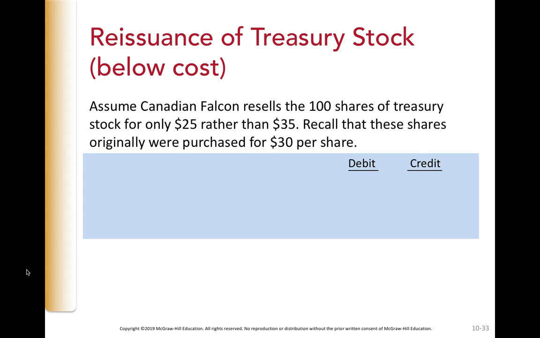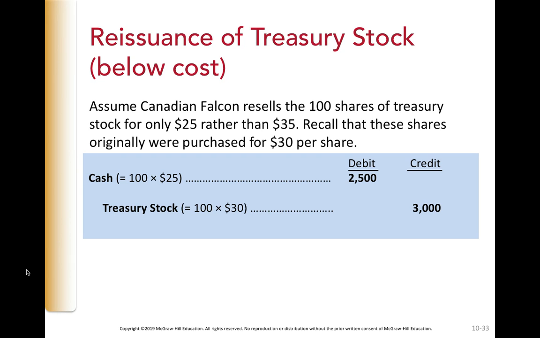Now, what if we reissue our treasury stock below the cost that we bought it at? Assume Canadian Falcon resells 100 shares of treasury stock for only $25 rather than that $35 in the last example. Recall that these shares were originally purchased at $30 per share. What's that going to look like? You're going to record your cash at the amount of cash you received. 100 shares at $25 apiece is a debit of $2,500.